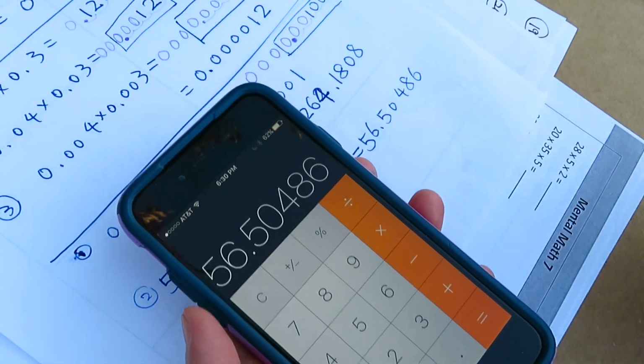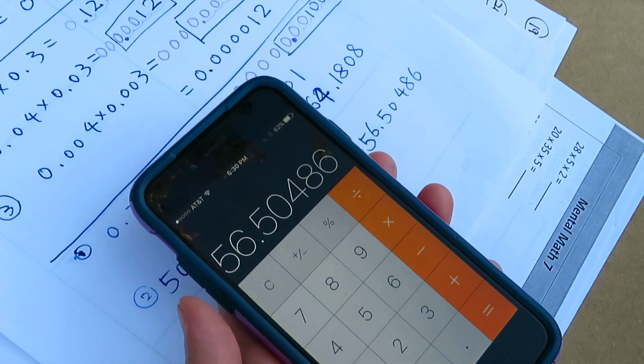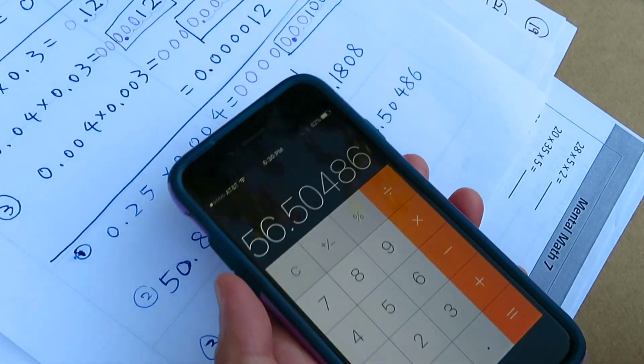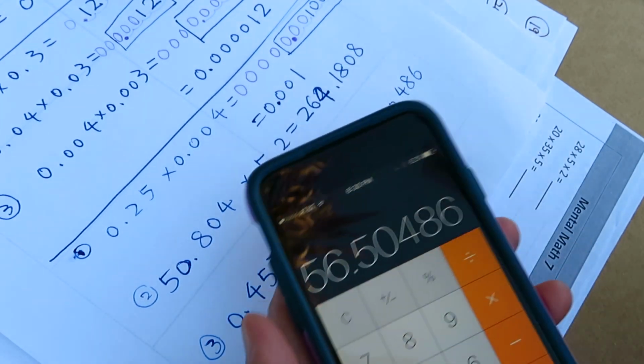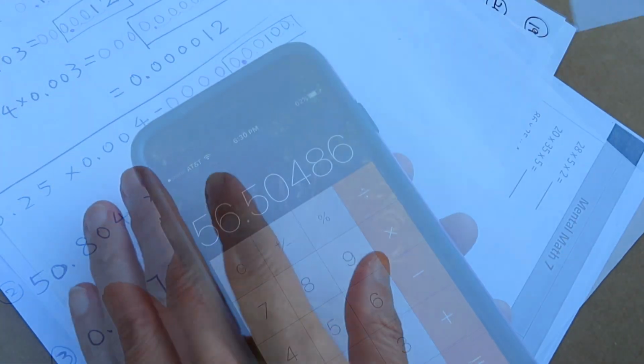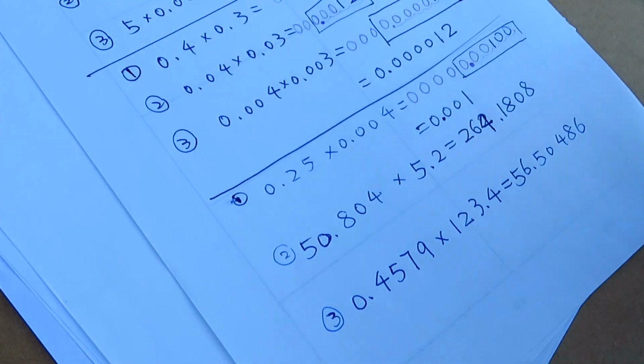How good are we? Yes. Okay, so we have done multiplication of decimals.